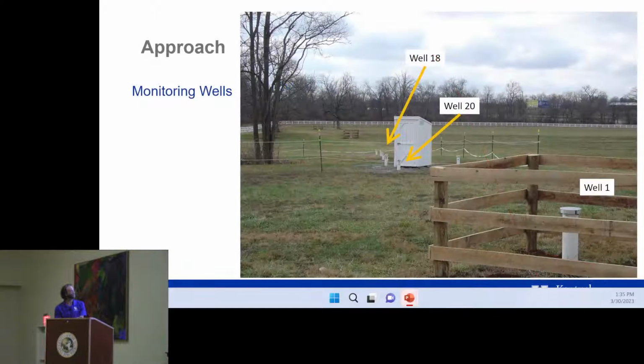Just to give you a visual on what we're talking about, this is our line of wells. It extends further off into the distance here. The three that we're going to focus on are well number 1, well number 20, which is right here next to the instrument house, and then well 18, which is a little further along here.